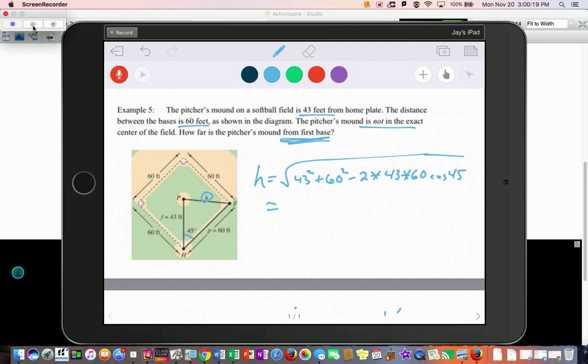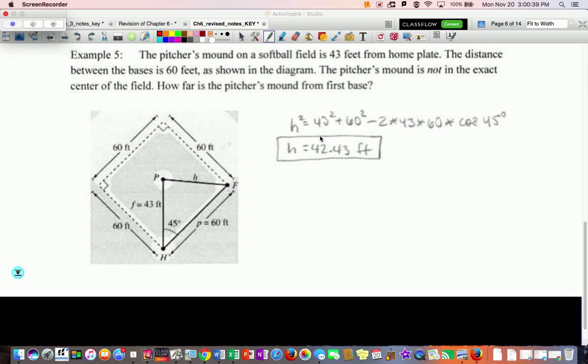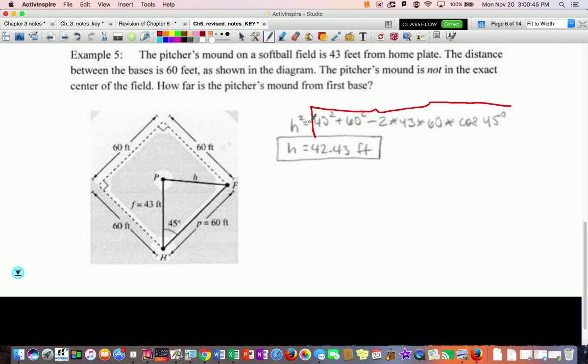And just go right to your calculator and plug that in. So remember, I take the square root right away. Take the square root right away, but you should get 42.43 degrees.